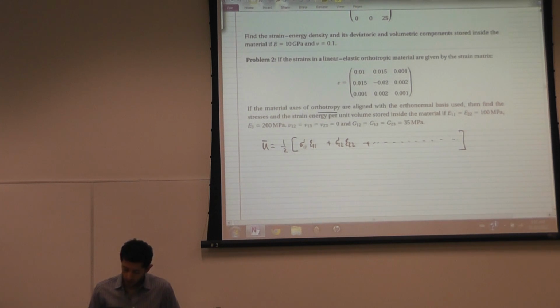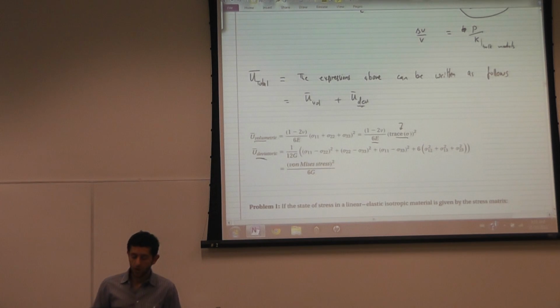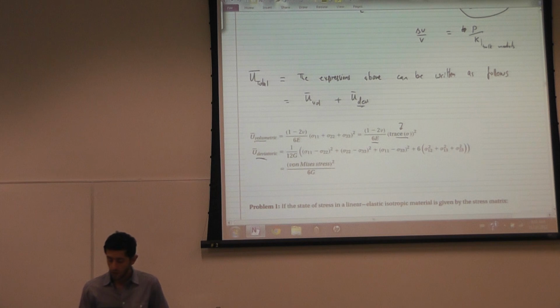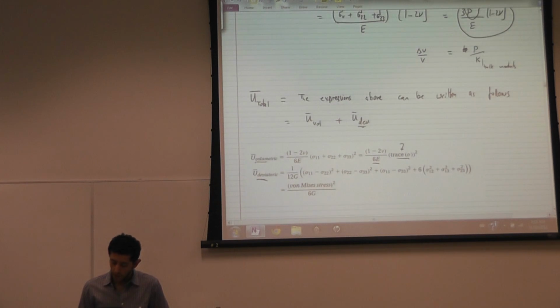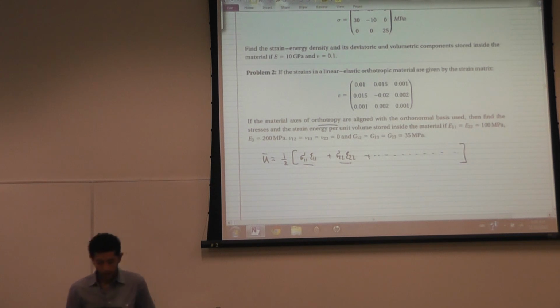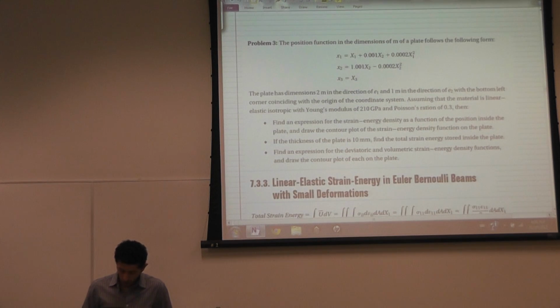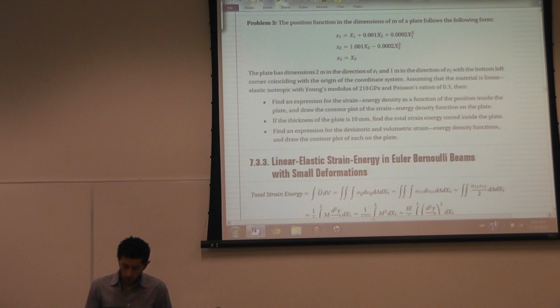So these expressions, when I have one Young's modulus and Poisson's ratio, apply to an isotropic material, but once it's orthotropic, linear elastic but orthotropic, I have to utilize just the general form, which is sigma 1 epsilon 1, sigma 2 epsilon 2, and so on. So these are just other problems that you can take a look at.